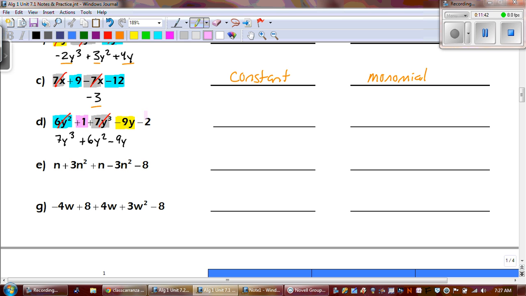And then last, 1 minus 2. Well, 1 minus 2 is negative 1. So we wrote this in standard form because it starts with cube, then squared, and so on. See how that goes in order. My highest exponent is the 3, so that means it's a cubic. And there are 1, 2, 3, 4 terms, so it's a cubic polynomial.